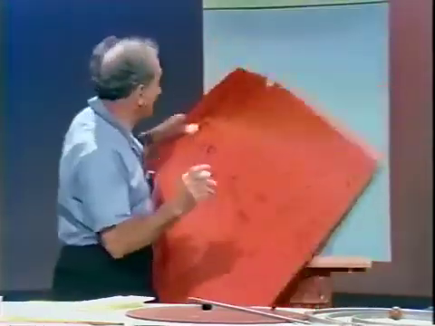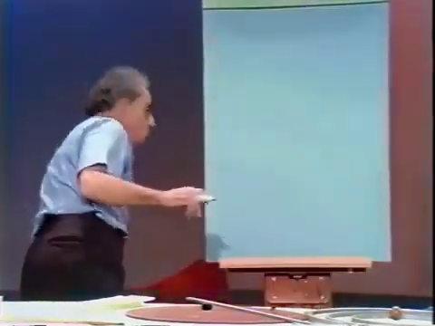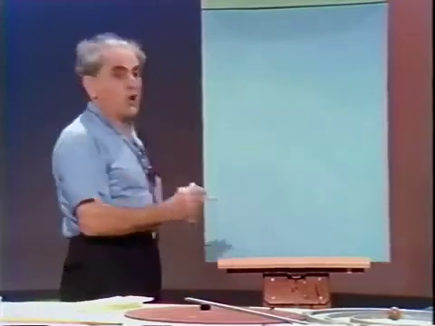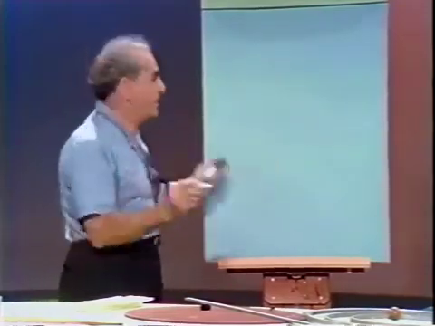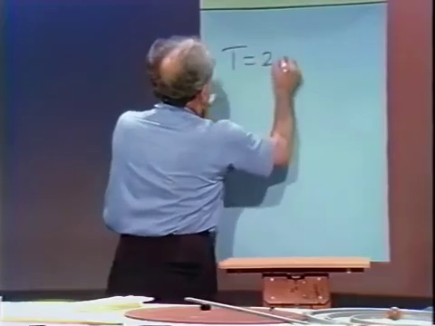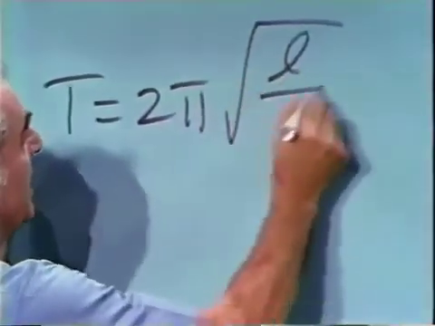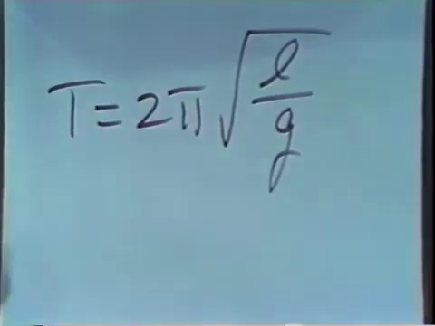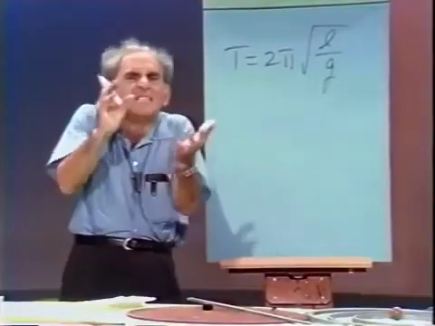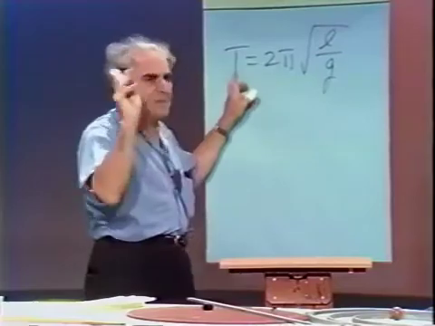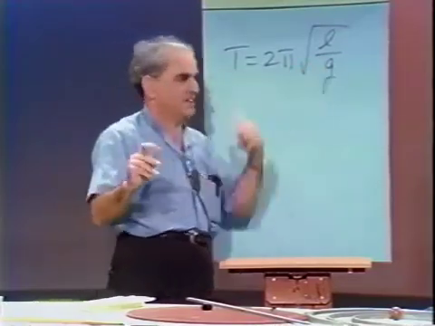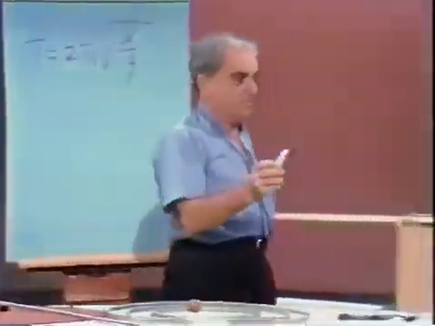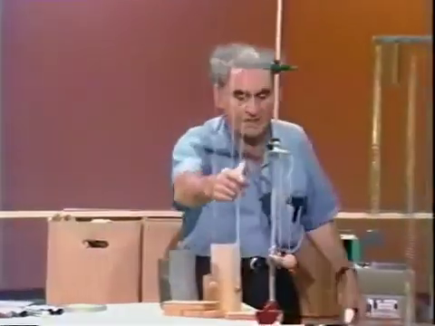Now, strangely enough, when you make the exploration or develop the formula mathematically, notice that it says nothing about how big is the pendulum bob, how massive is it. All the period depends upon is its length. And you can show this by such an adventure as I have here.